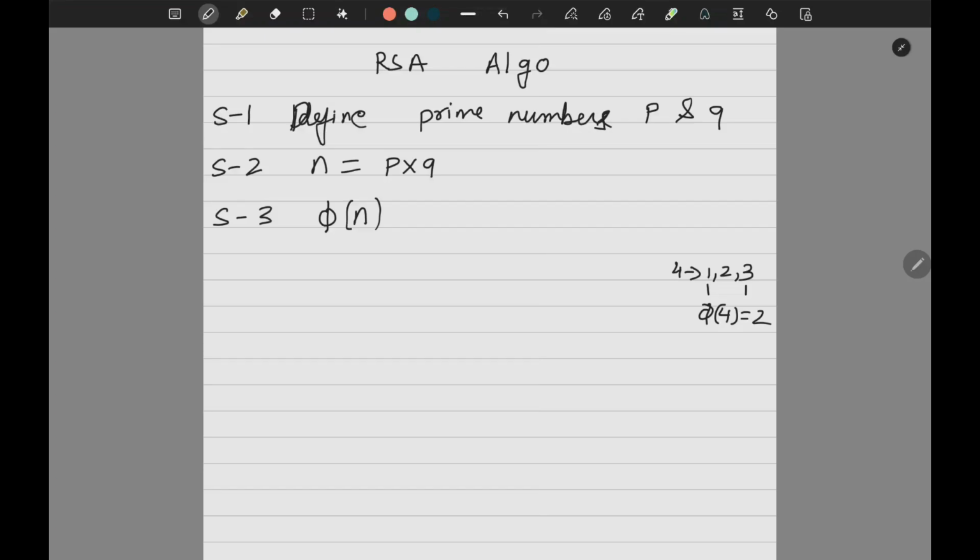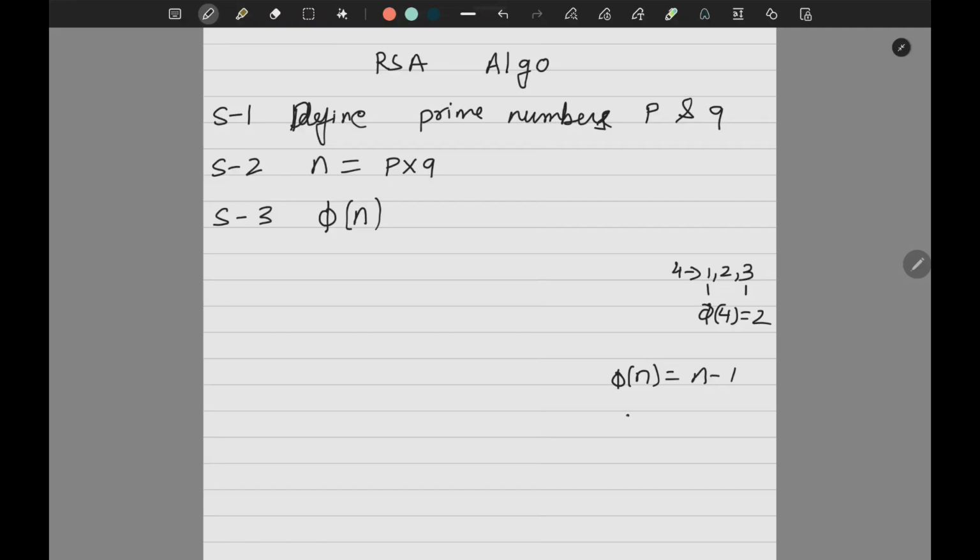Then in one shot, I have given you the properties of this Euler function. Those properties help me to calculate the value quickly without writing the factors like this. The most important 2 properties which I used there were, if n is any prime number, then phi of n is equal to n minus 1. This will be very helpful here because I am taking P and Q as prime numbers.